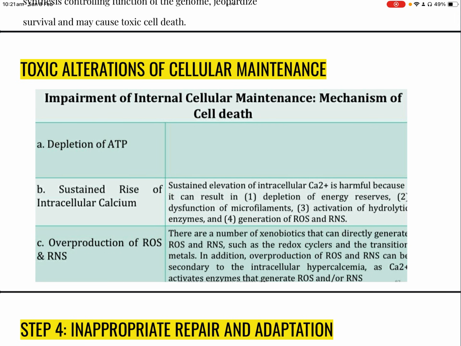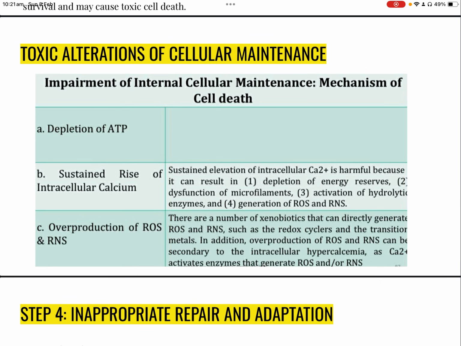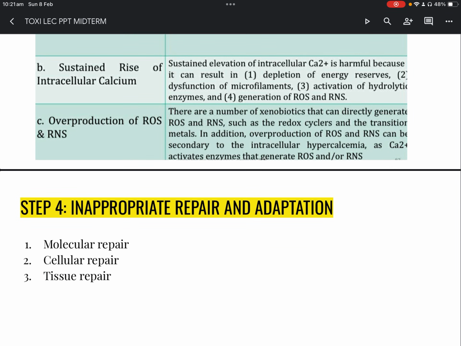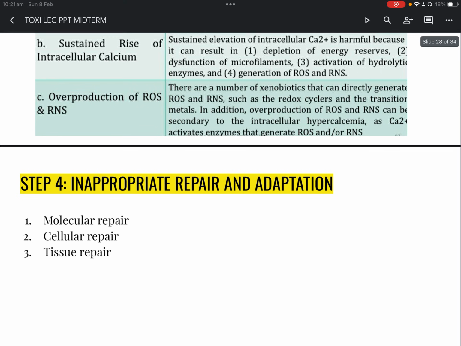On low levels, they act as signaling molecules. But when there is accumulation, such as this one, overproduction of reactive oxygen species and reactive nitrogen species, they will cause oxidative or nitrative stress, leading to DNA damage, protein dysfunction, lipid peroxidation, and cell death. Okay, that will be the result.